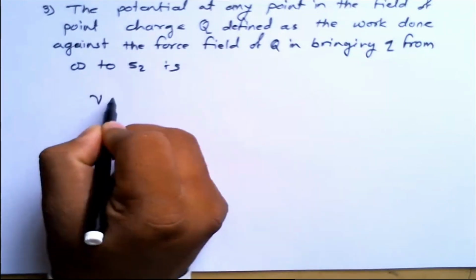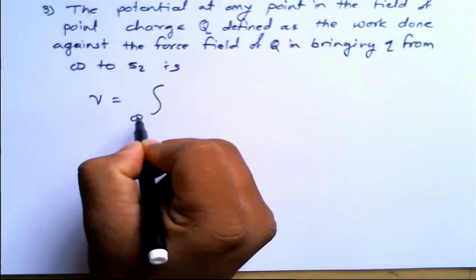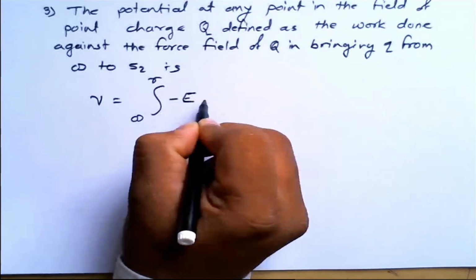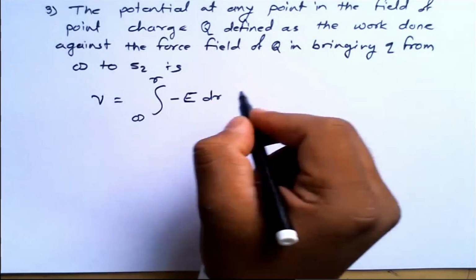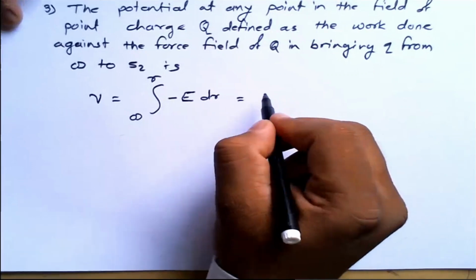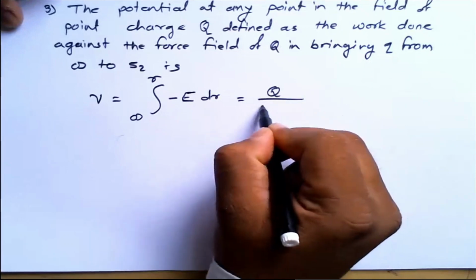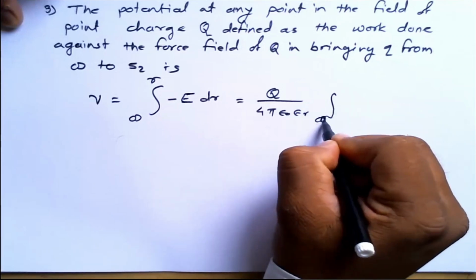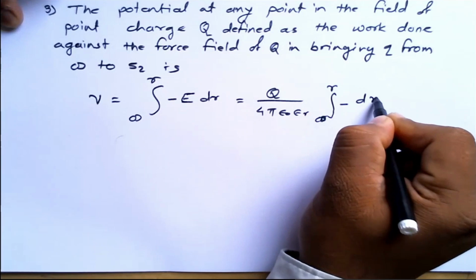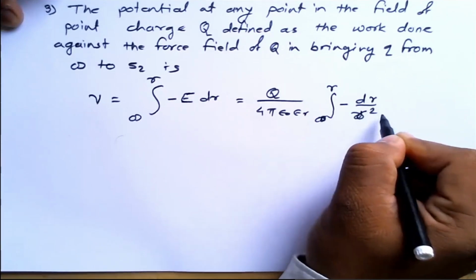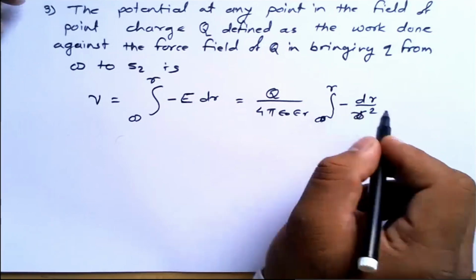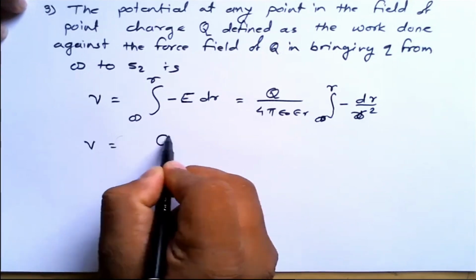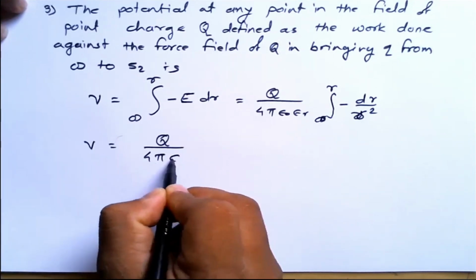It is denoted by V, which is given by the work done from infinity to small r, minus E dr. Why minus? Because it is against that particular force. So it is equal to, the value of E being q upon 4 pi epsilon 0 epsilon r, integral from infinity to r of minus dr upon r square. If you solve this, you know the integration of 1 upon r square is minus 1 upon r, so minus minus will get cancelled.